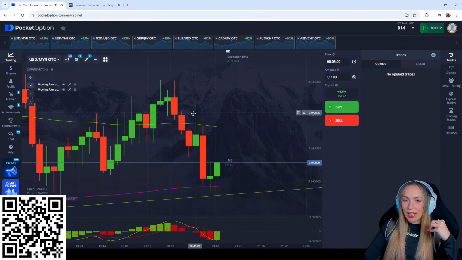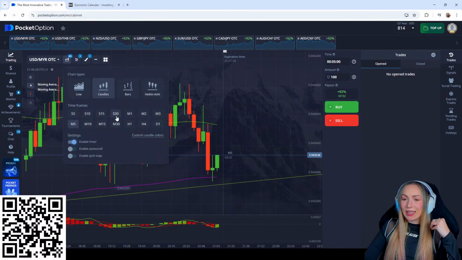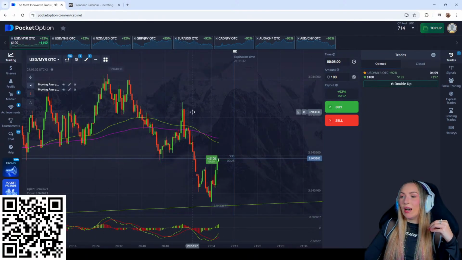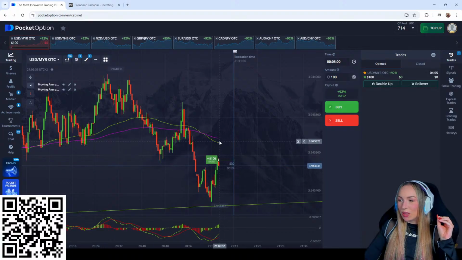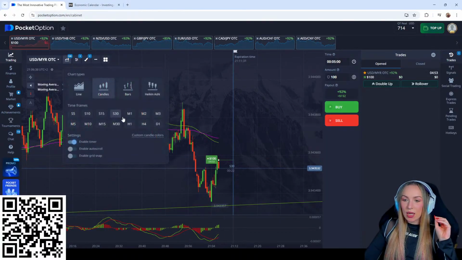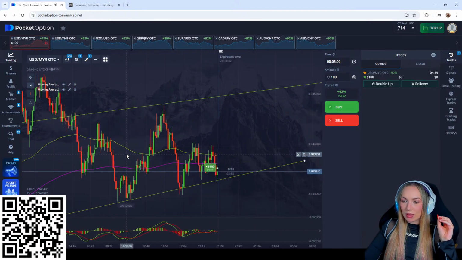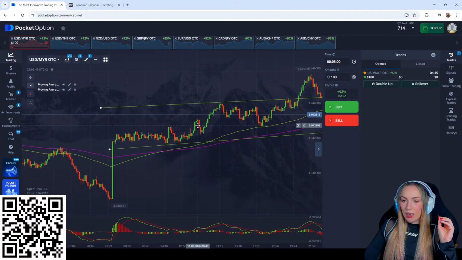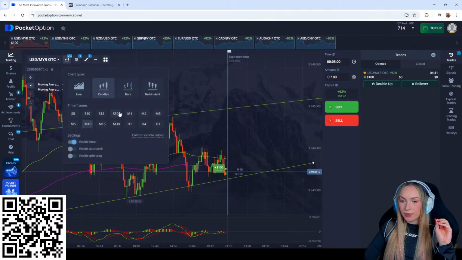And on USD NYR just formed a signal to open the trade in the upward direction. 5 minutes. I entered USD NYR 5 minutes in the upward direction, $100. So as you remember, I analyzed it. The price is moving in the upward channel. Not very clear structure for me there.